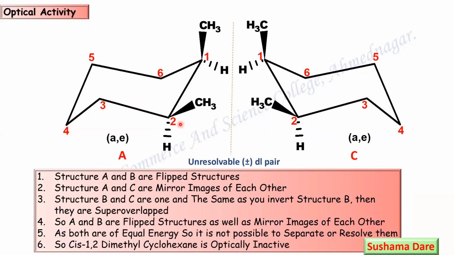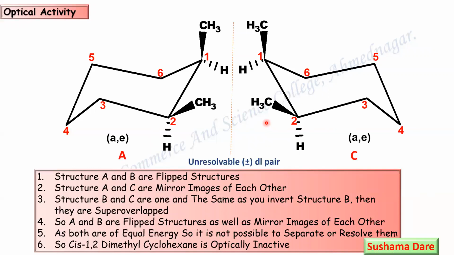Now the third question is whether resolution is possible or not. What do we mean by resolution? Resolution means separation of dextro and levorotatory forms, that is, whether it is possible to separate these two enantiomers or not. If we are able to separate them, then that molecule possesses optical activity.